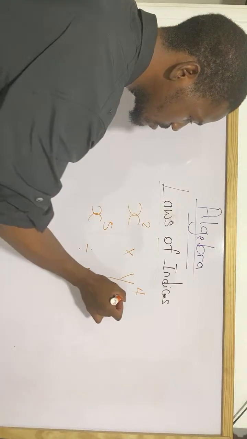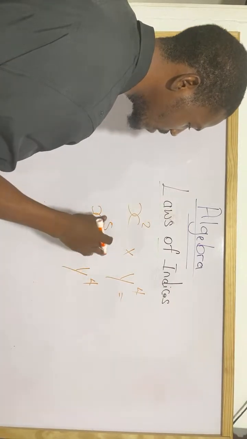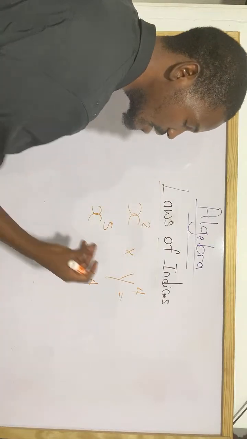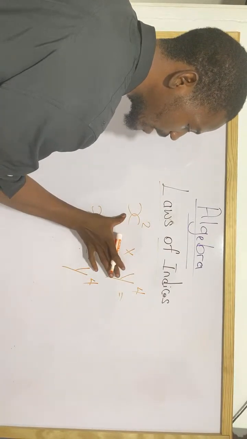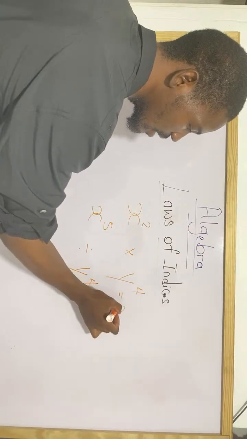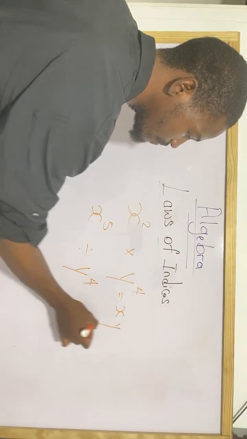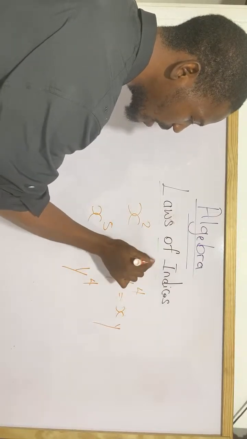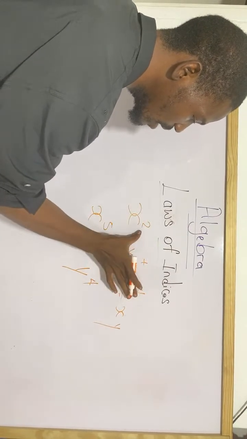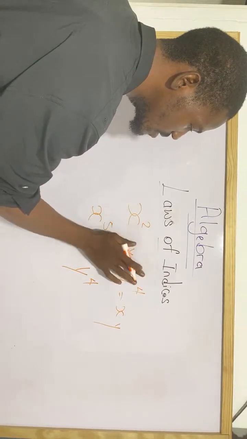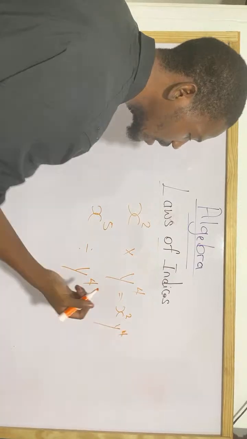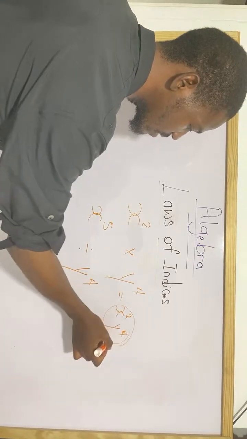In this case, we can't do anything because the variables are not the same. Because they are not the same, we're just going to multiply x and y. We're just going to have them, and we're not going to add the powers. Instead, we're just going to rewrite it. All that we did was just to rewrite it.